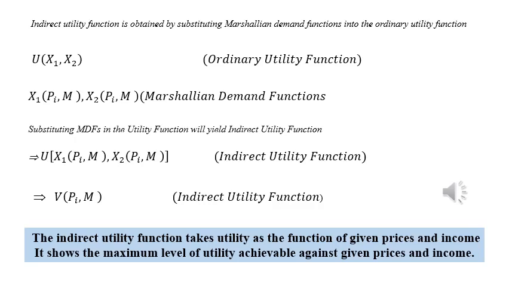It is obtained by substituting the utility maximizing demand functions into the ordinary utility function. So, since we substituted the utility maximizing demand functions into the utility function, therefore the indirect utility function shows the maximum level of utility achievable against the given prices and income.